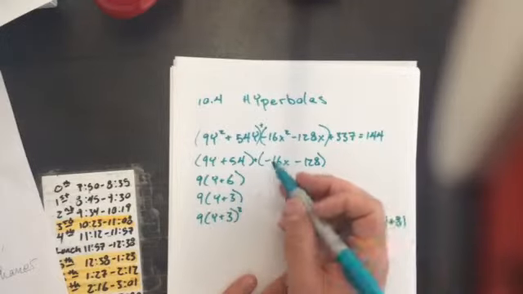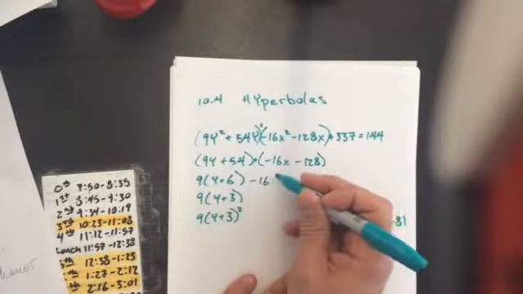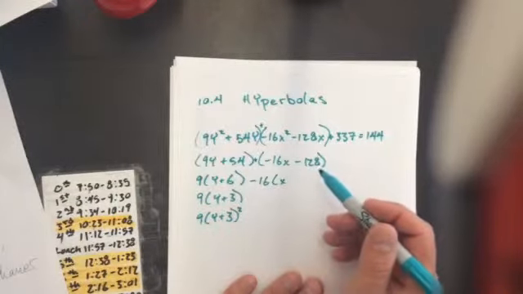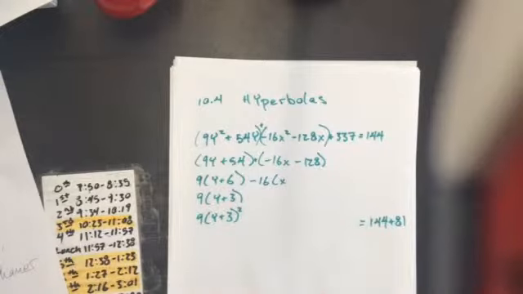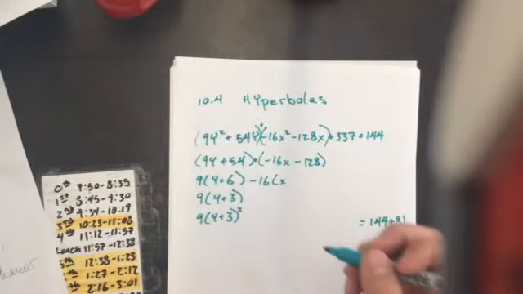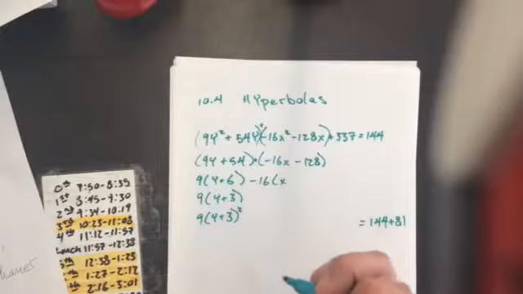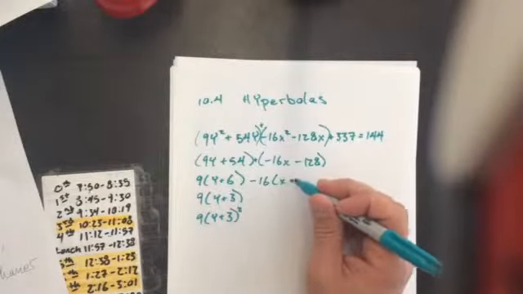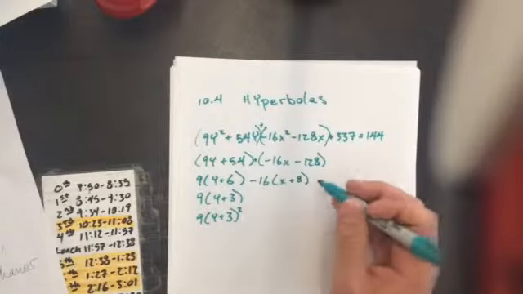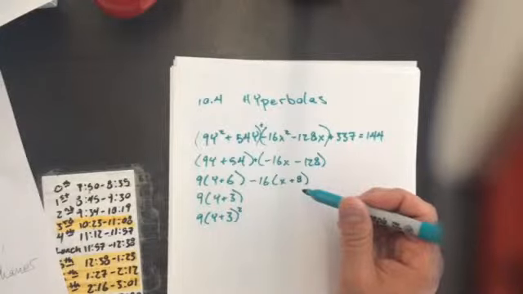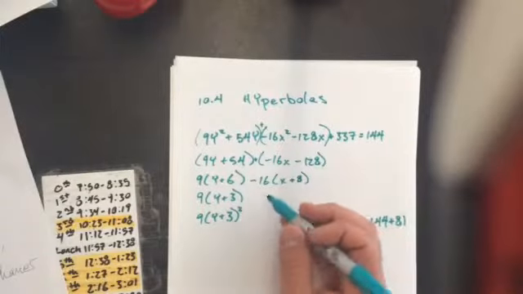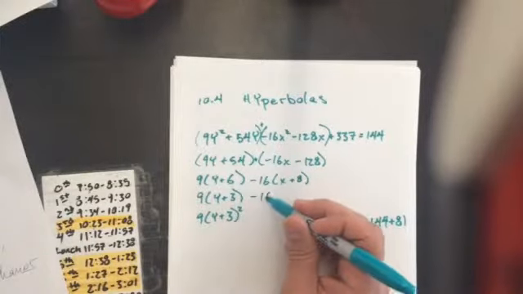I'm going to factor out the negative 16. That divided by negative 16 is going to be, what, 16? 8? I hope that's right. I don't have a calculator in front of me, so let's just hope that that's right. We're going to divide by 2.